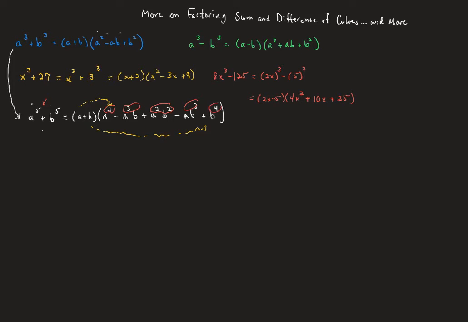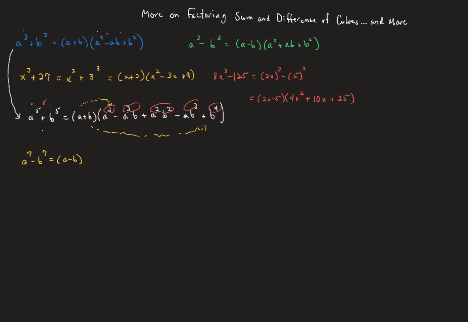Now let's see how this compares and contrasts with the difference of odd powers. Let's go even bigger: a to the seventh minus b to the seventh. Again, this works with odd powers only. Like we saw with the green a cubed minus b cubed, the binomial term is still going to be a minus b.